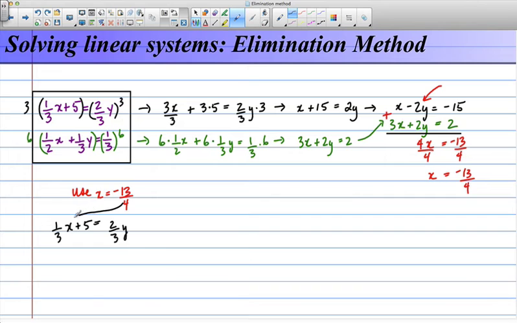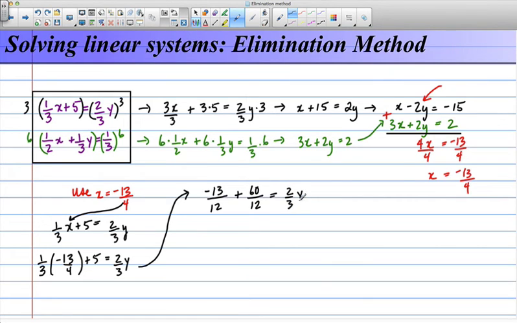Let's find out what y is then. We'll take that value for x, plug it in, and we're left with negative 13 over 12 plus 5, which we know we're going to need a common denominator, so let's just put it there, and it would be 60 equals 2/3 y. Numerator results in positive 47.